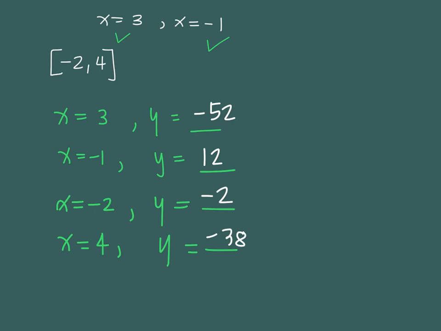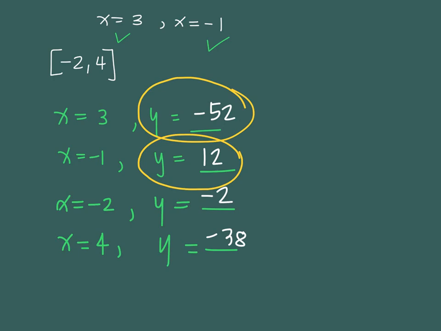So what will be our absolute maximum? Absolute maximum will be at x equals negative 1, which is y equals 12. Okay, and the absolute minimum is the lowest among the values, which is negative 52.